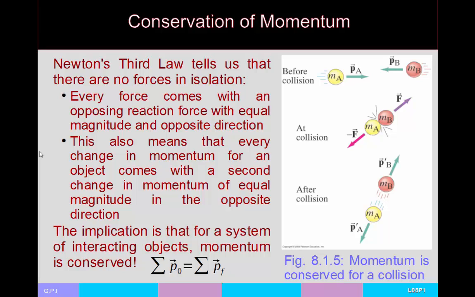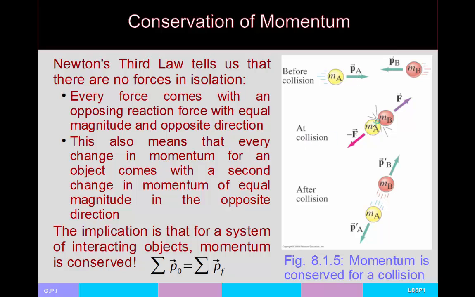So the implication is that for a system of interacting objects, we can write that the sum of initial momenta is equal to the sum of final momenta. This is another way of saying that the linear momentum of the system is conserved.